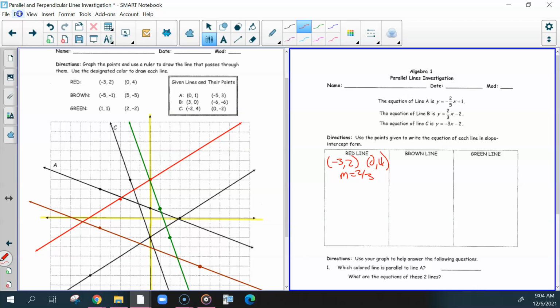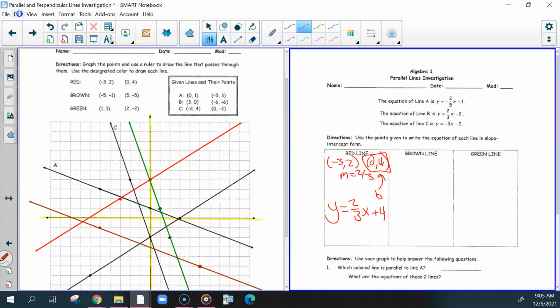This line gave you your y-intercept, so there's no real work for you to do. So we can say the equation of this line would be y equals 2/3 x plus 4.